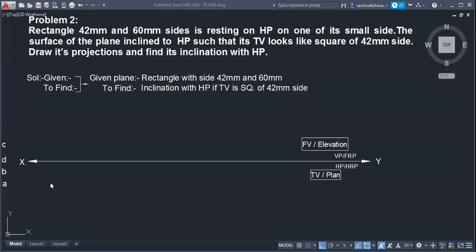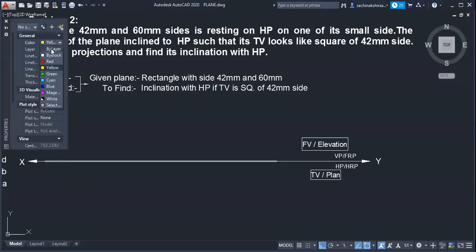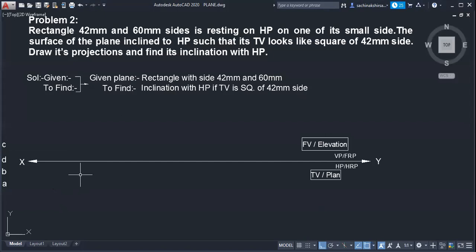So let us draw it. Here I will draw its true shape, meaning a rectangle. Very simple. How much is this? 42. And this? 60. Then 42 and 60.